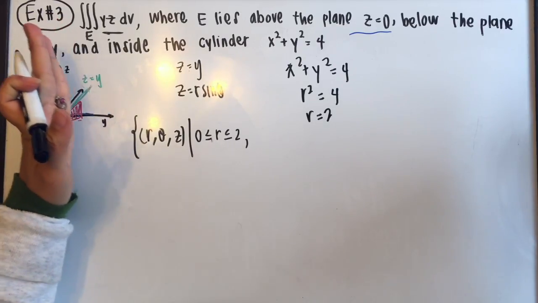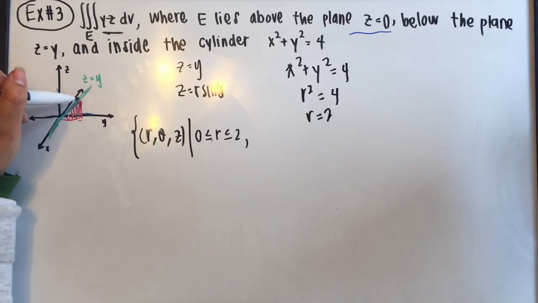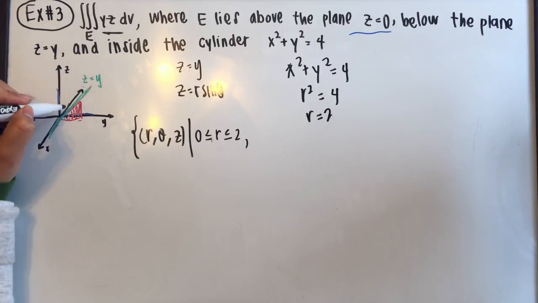It's only half of it. We're not going this way like we have normally done in the previous examples. We're only doing this part right here, which is basically half of a cylinder. We're cutting it to be just the positive side because z equals 0, and then the plane is what makes it just this side right here.